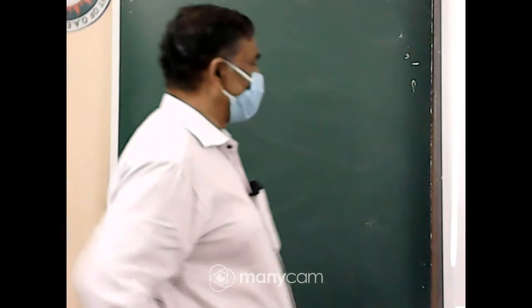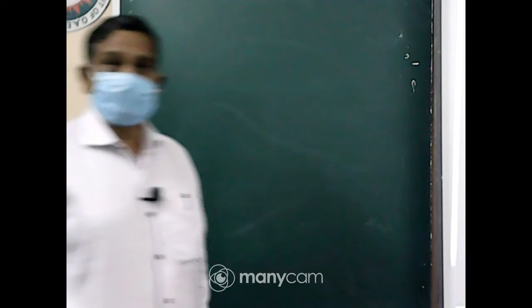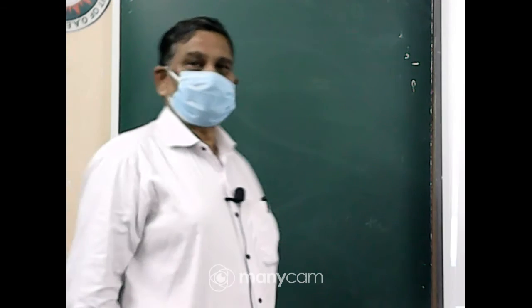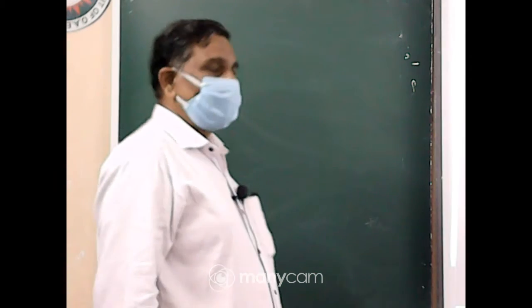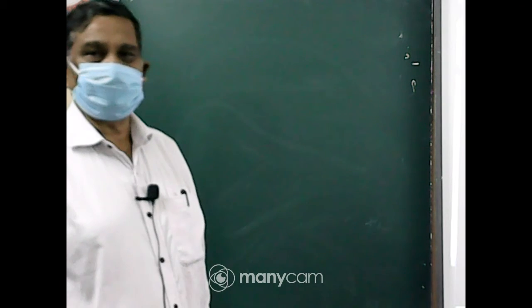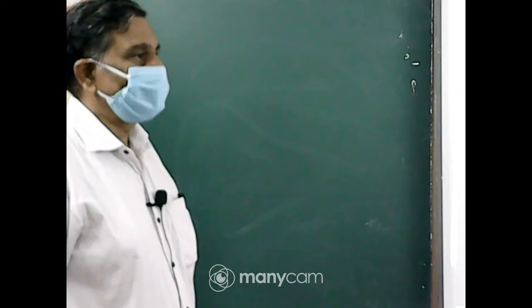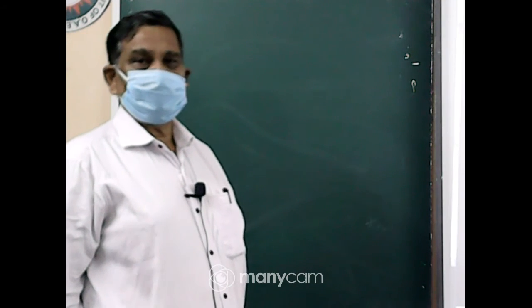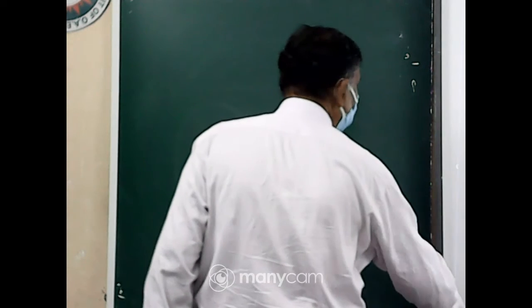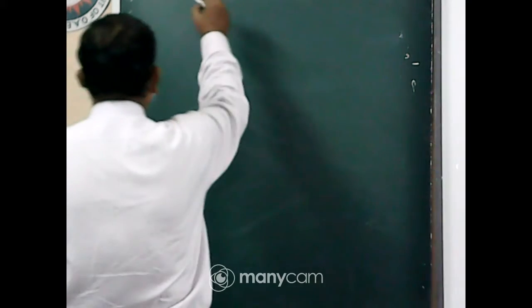Good afternoon, students. Today I will discuss the rest part of aggregate demand, and you will learn something regarding the calculation of MPS, APS, APC, MPC, etc. So I am first giving you the formulas.